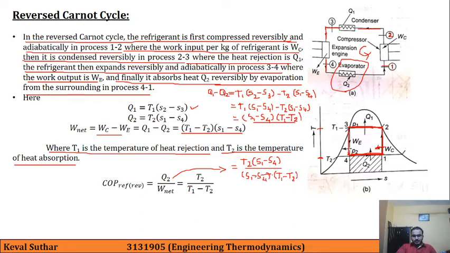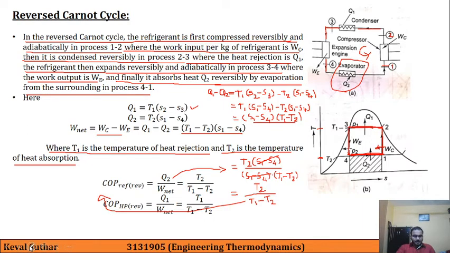So this gets eliminated and our final answer is T2 divided by T1 minus T2. So we have obtained the COP of the reversible refrigerator.